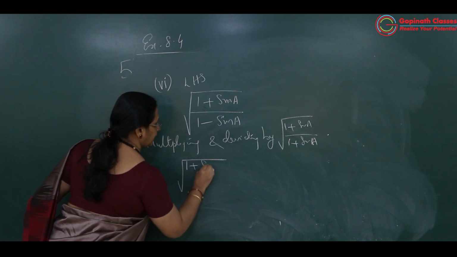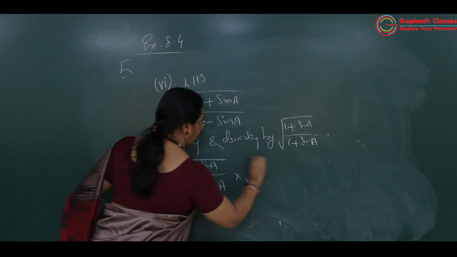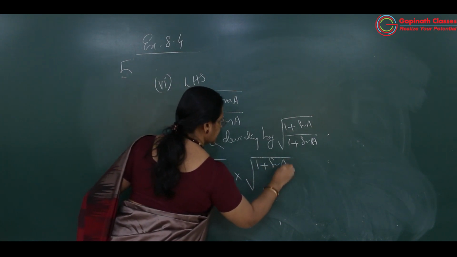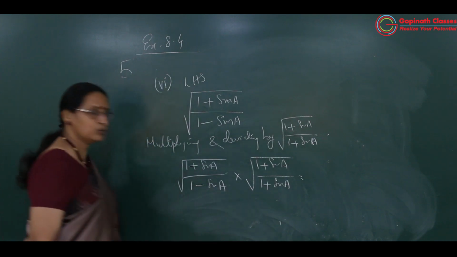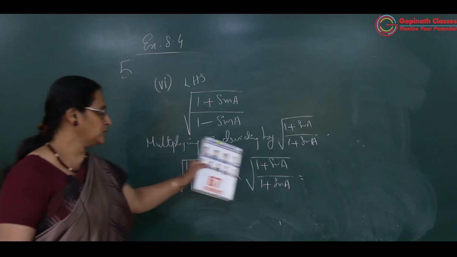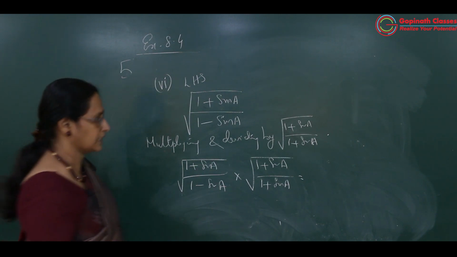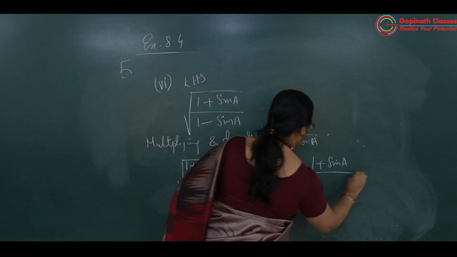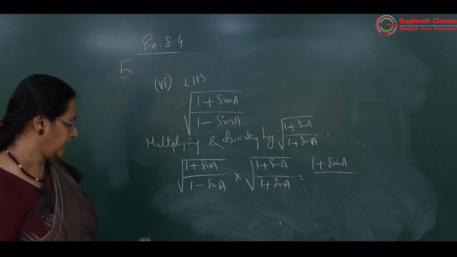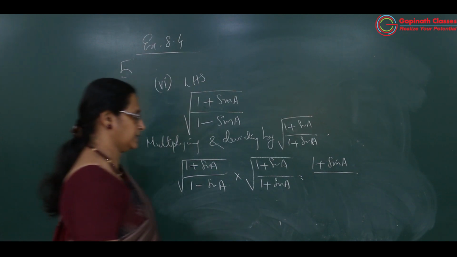Under root of (1 plus sin A) upon (1 minus sin A) into under root of (1 plus sin A) upon (1 plus sin A). Look at it. Numerator: root into root is the number itself, so root of 1 plus sin A into root of 1 plus sin A is 1 plus sin A. So we get 1 plus sin A upon, look at the denominator, A minus B into A plus B, which becomes A square minus B square.